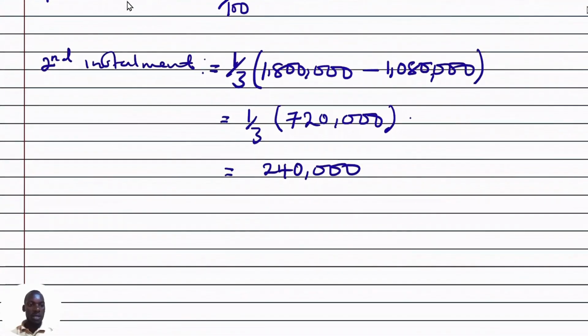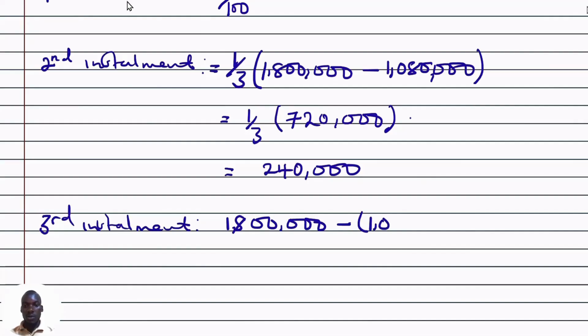What about the money she paid in the third installment? Simply, we are going to make the difference. The total amount of fees she is to pay is 1,800,000. Take away the sum of the fees she paid in the first installment, which is 1,080,000, plus the fee she paid in the second installment, which is 240,000.